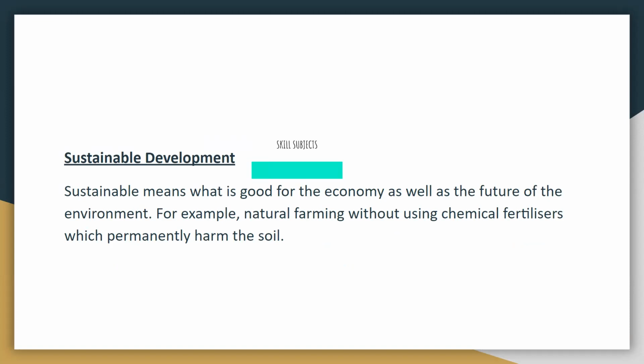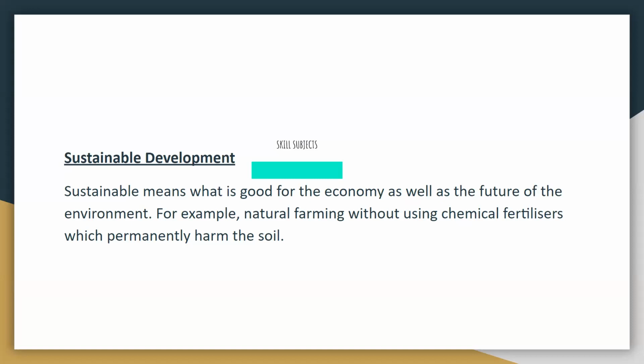Like, for example, water. As we know, there is a small amount of fresh water on earth. And if we keep on consuming it without calculating the amount of consumption, without thinking about the future generations, soon the fresh water is going to vanish. And then what would happen?